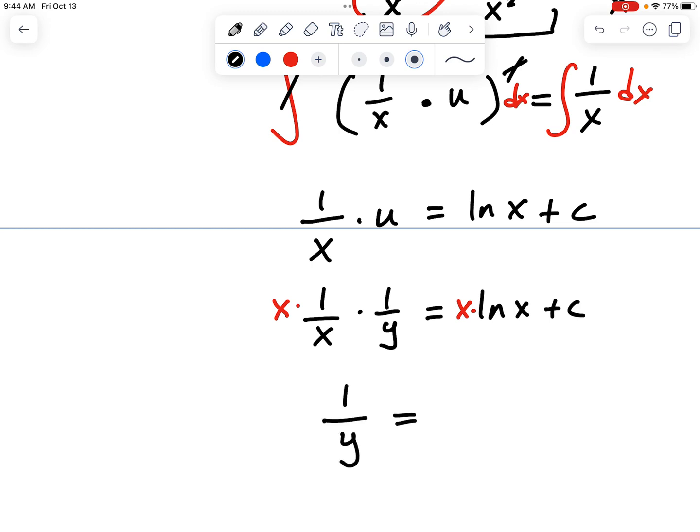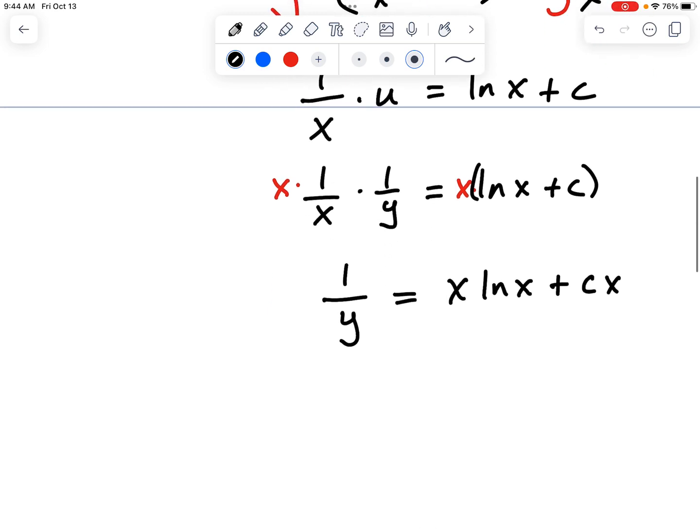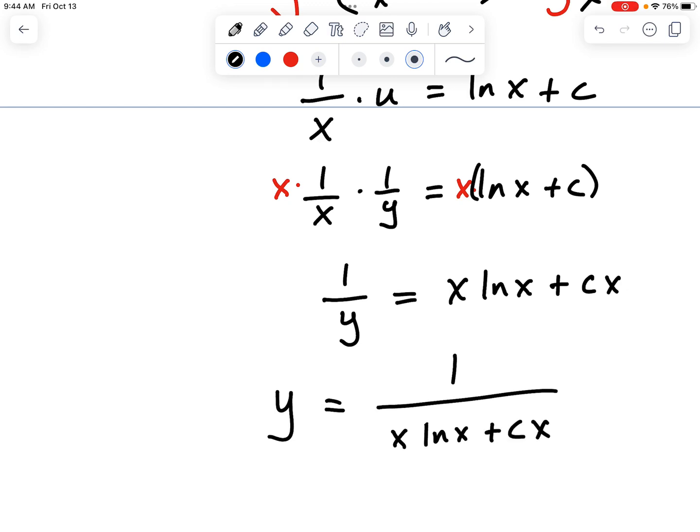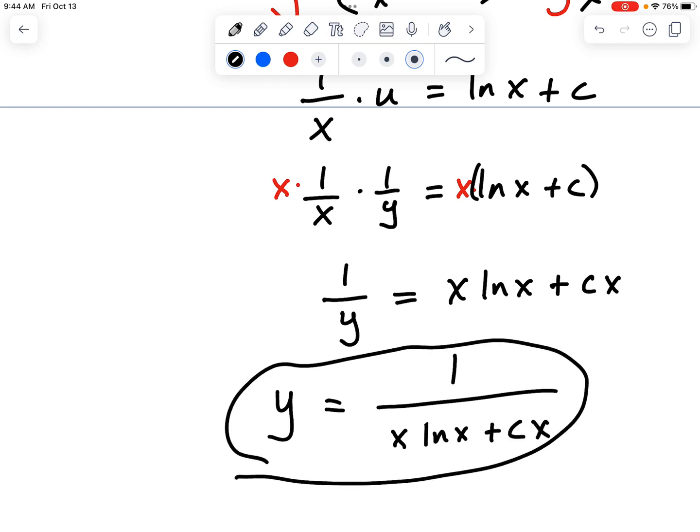On the right side, oh, I should have put parentheses when I multiplied by x. So there would be x, natural log of x, and then if you distribute, there's going to be c times x. And then for the very last step, to solve for y, just invert both sides. So it's going to be y equals 1 over x natural log of x plus c times x. Ta-da!